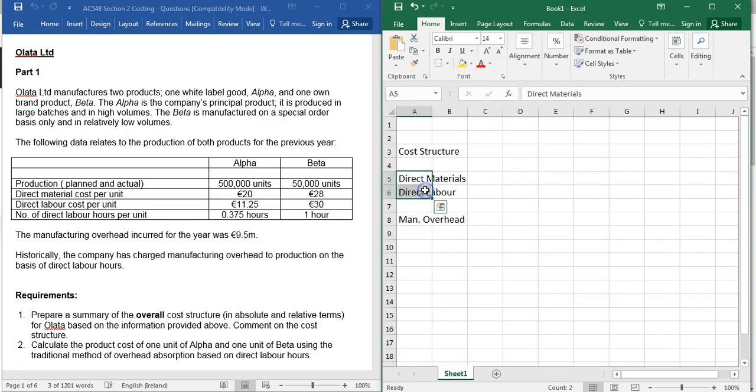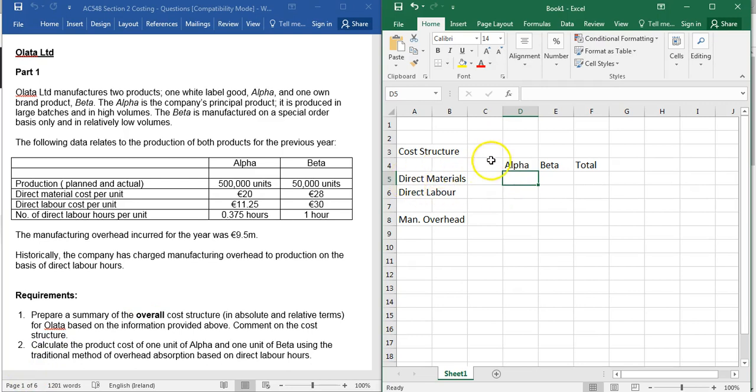So these two would be called direct costs because you can trace it directly to the unit, whereas this manufacturing overhead, so factory costs that cannot be traced, is typically called an overhead or an indirect cost. So there's two different types of costs, and of course we're going to look at it for alpha, for beta, and then in total. The total company has only 2 products, Olata.